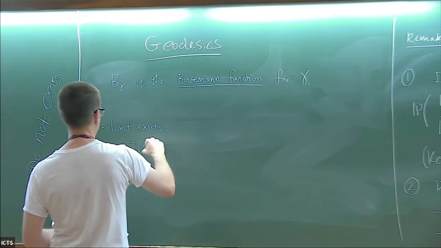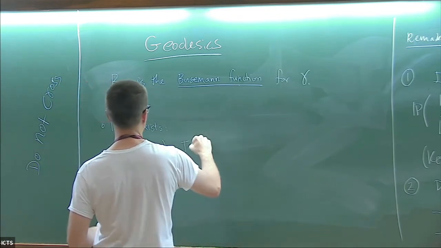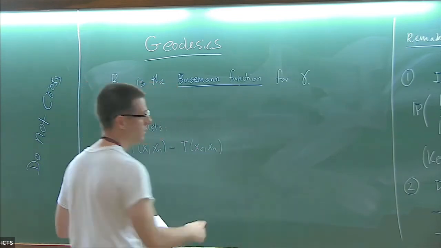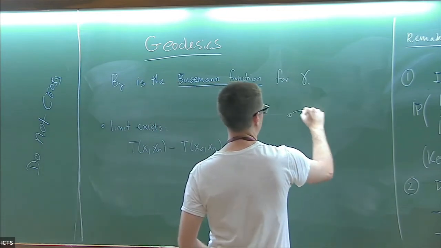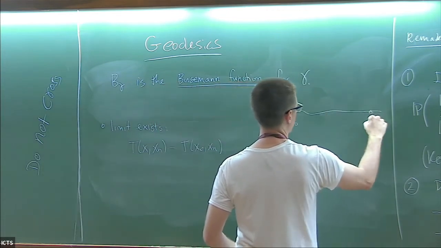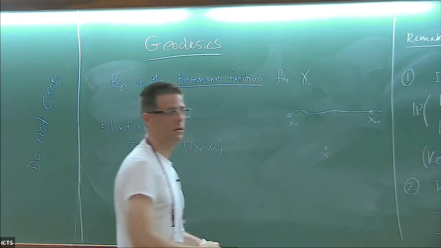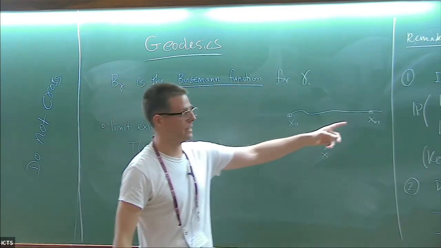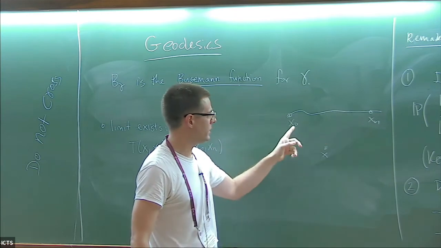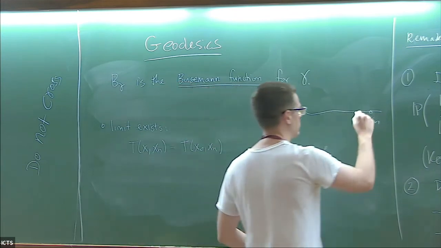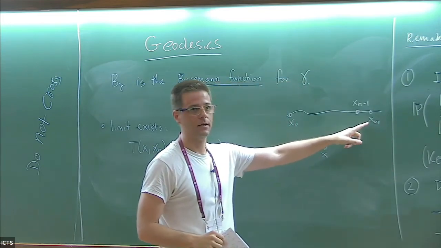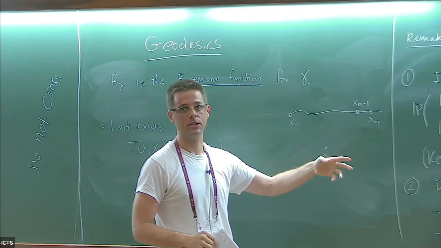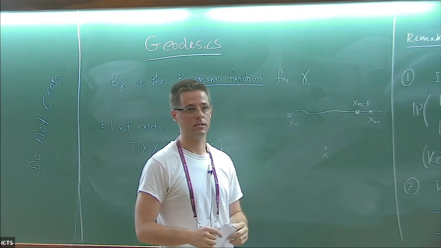So if we look at T(x, xn) minus T(x0, xn), well, the passage time from x0 to xn is just the passage time from x0 to x(n-1), plus the passage time from x(n-1) to xn. That's because the passage time is additive along a geodesic, because segments of geodesics are geodesics.